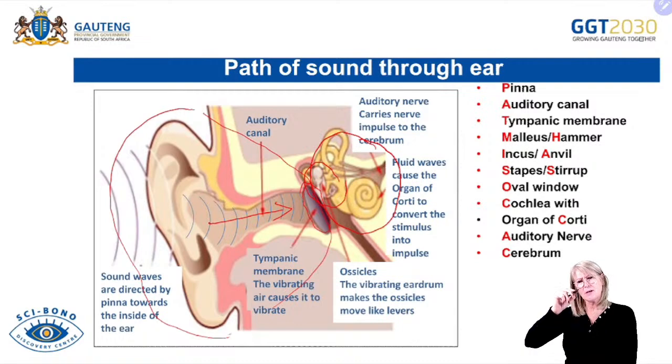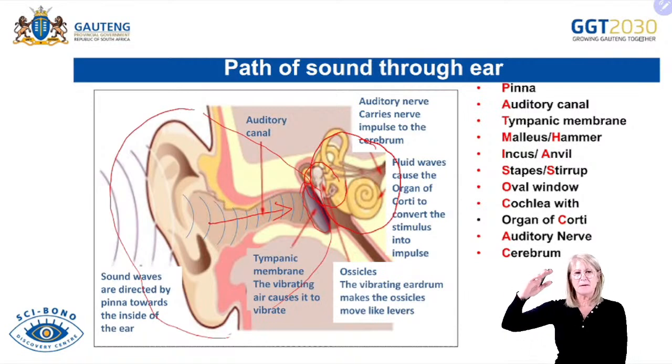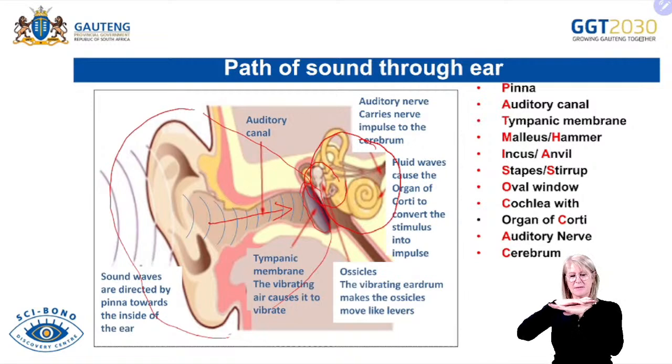Then as soon as those liquid waves start, they cause the membranes in the inner ear, in the cochlea, to start moving. One of the membranes is where the organ of Corti is situated.